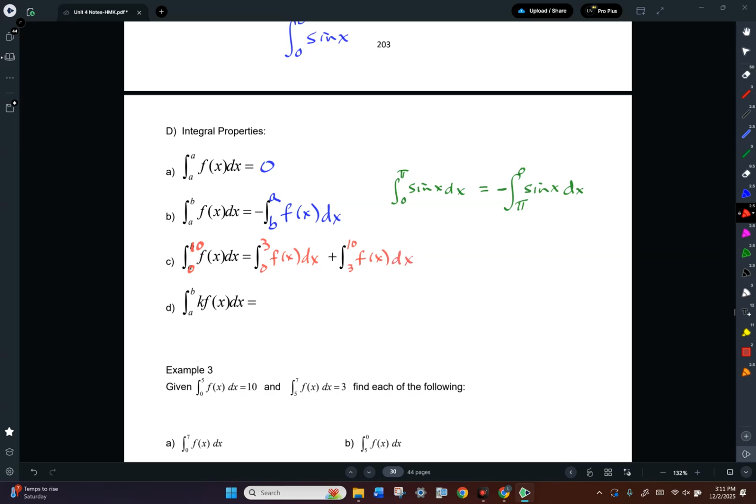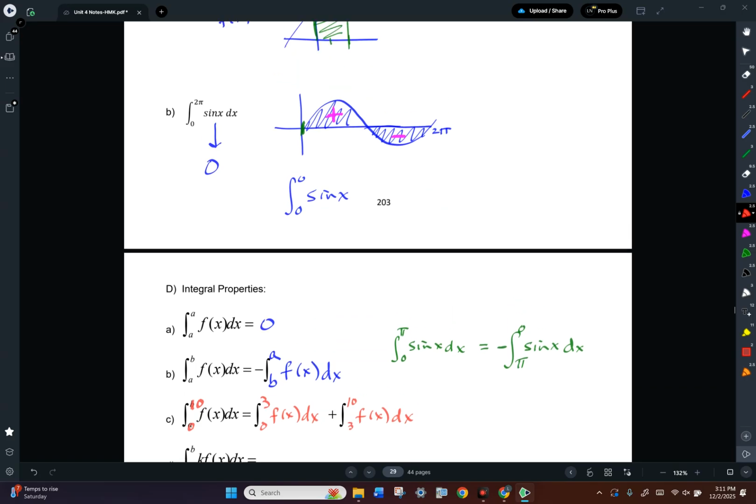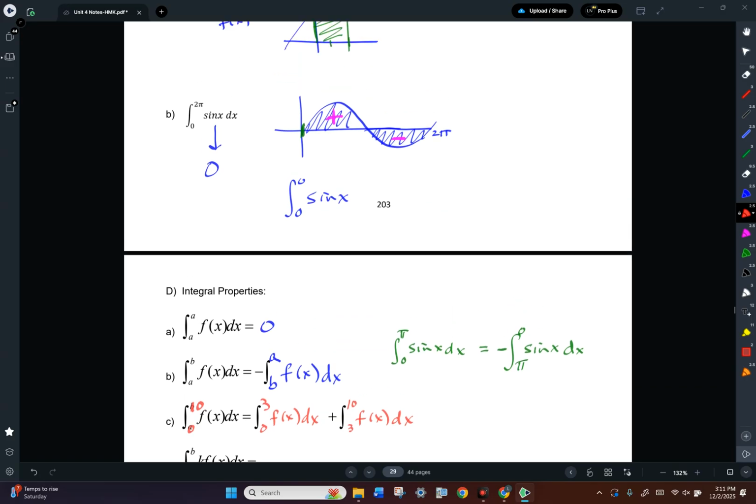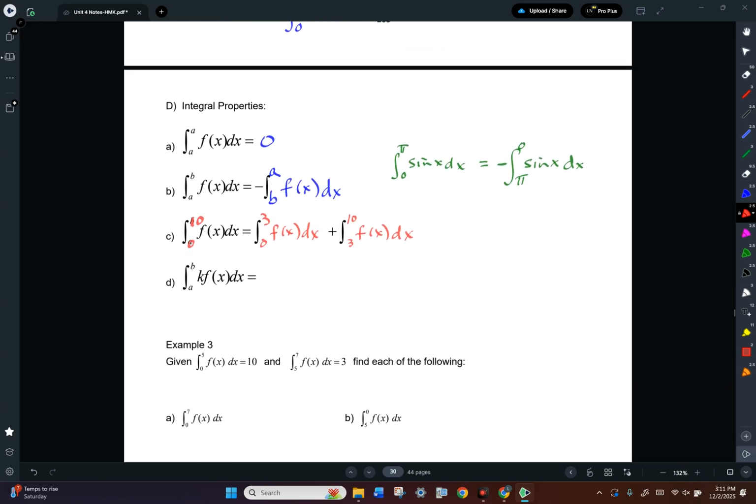So it's okay to separate it into multiple ones and do a section at a time. Kind of like when we were looking at that sine function, you could think of it as the integral from 0 to pi plus the integral from pi to 2 pi. Okay, when would you want to do that? Oh, you'll see. We'll get into some examples later where all of these little ins and outs are going to come in handy.